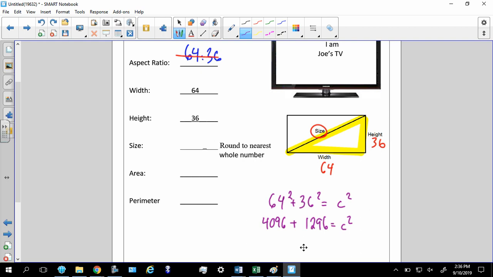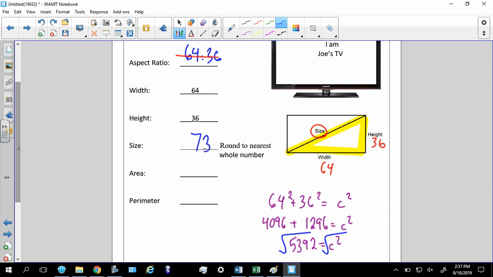Add them together: 5392 equals c squared, and then I'm going to square root both sides. I end up with a 73-inch TV.